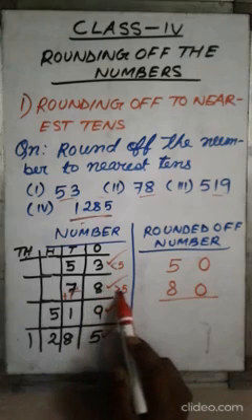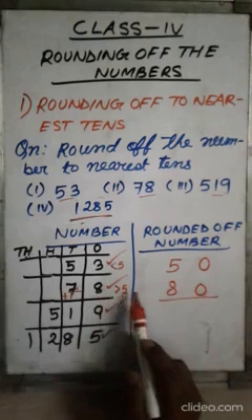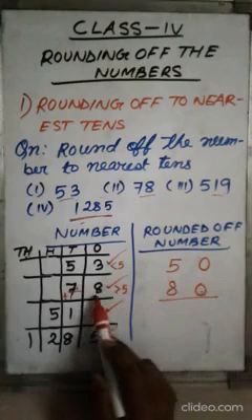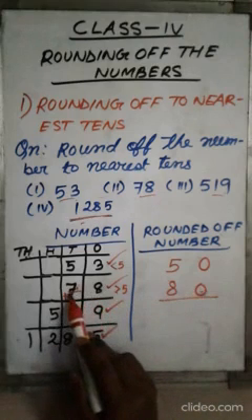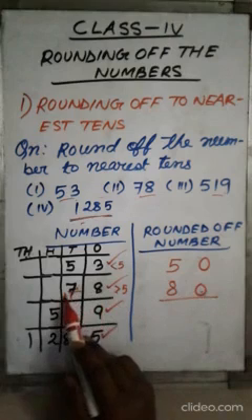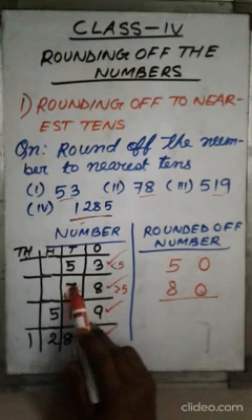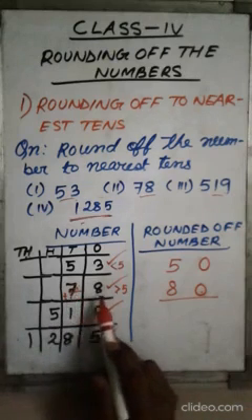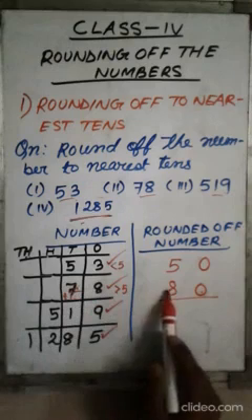As the ones place digit is greater than 5, we shall put 0 at the ones place, and the tens place will be incremented by 1, that is 7 plus 1 is 8.